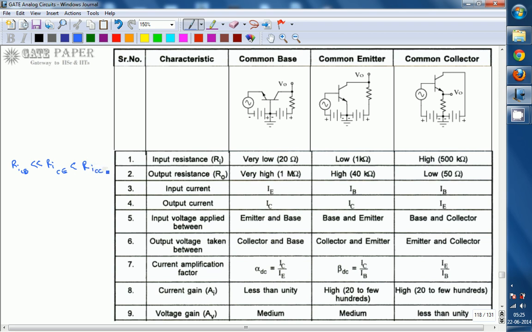So this is the matching: common collector has the highest input resistance, common emitter medium, and common base the lowest input resistance. And with respect to output resistance, it is exactly opposite.